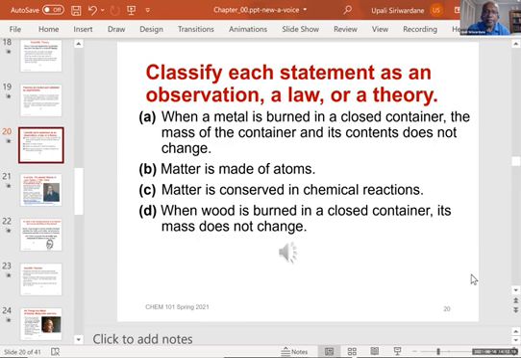That's an observation. So there are observations, laws, or theories. Do you understand what I'm saying about different statements being an observation, law, or theory? Okay?